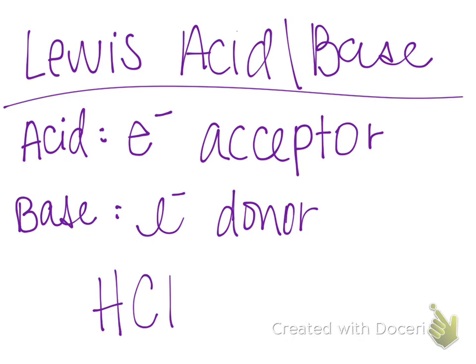Both of these theories mean the same thing. It just differs in how we look at it. Are we looking at the protons or are we looking at the electrons?